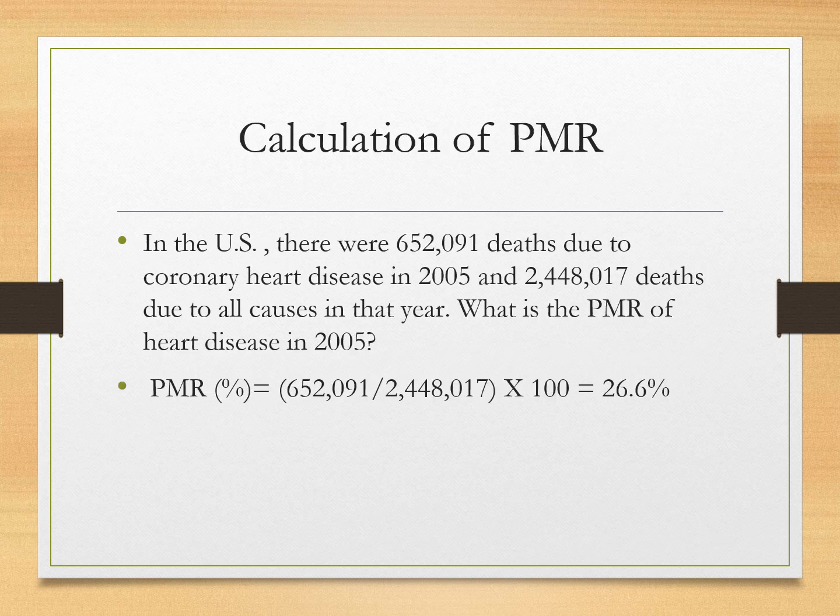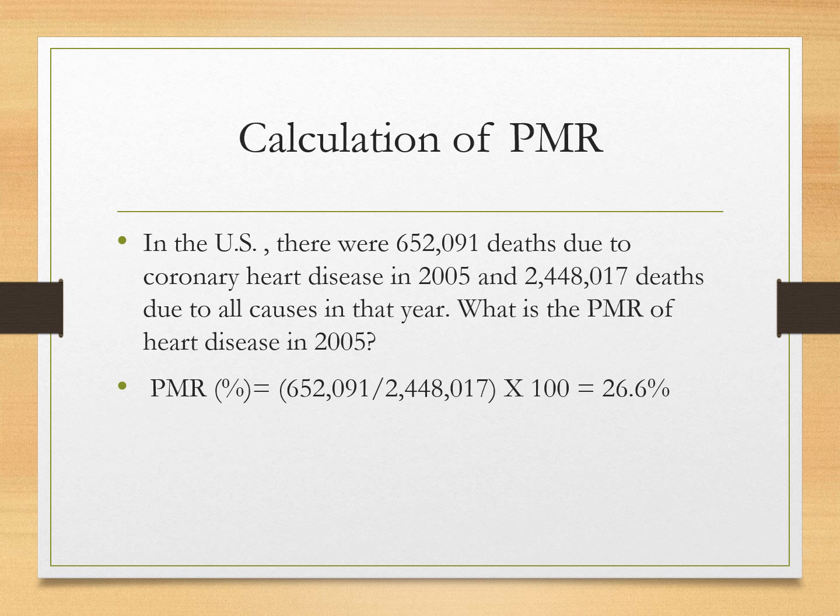In this example, we are calculating PMR for coronary heart disease in the United States in the year 2005. There were over 600,000 deaths due to coronary heart disease and a total of over 2 million deaths from all causes that year. You can use the formula given in the previous slide to calculate PMR.